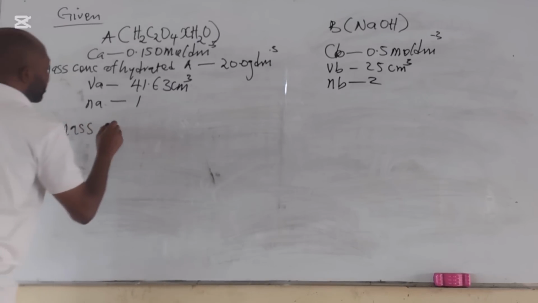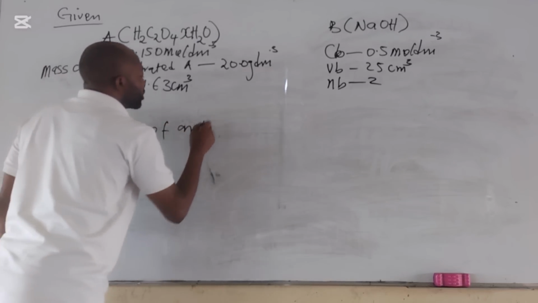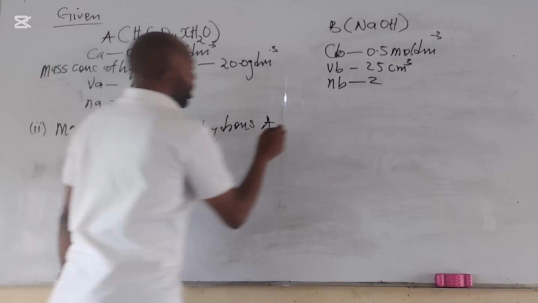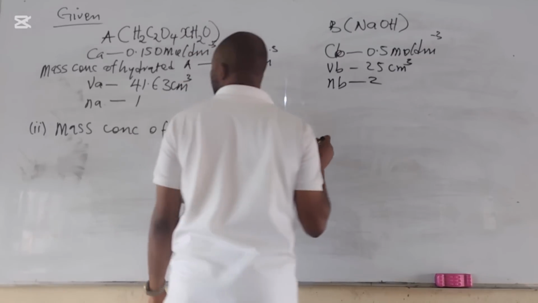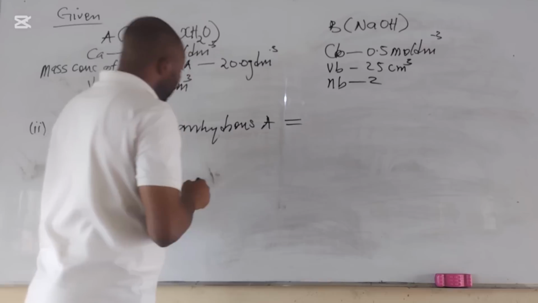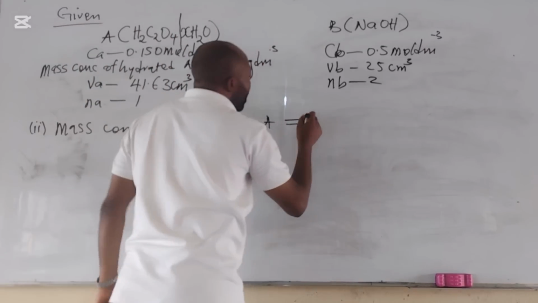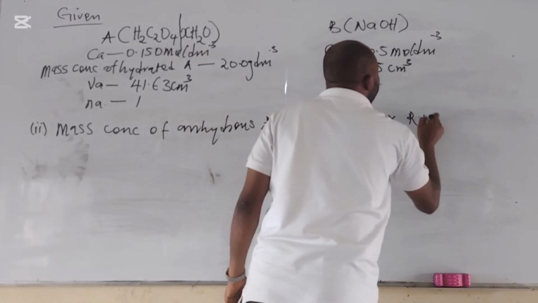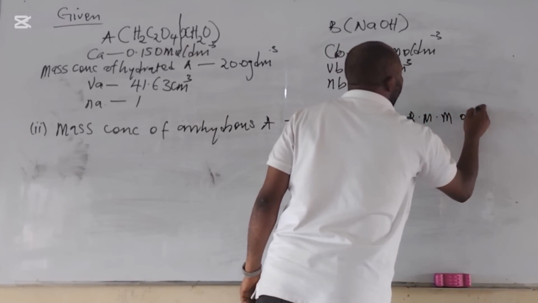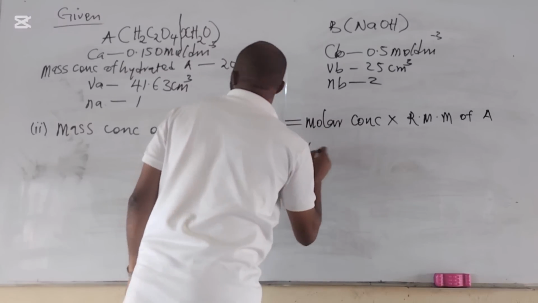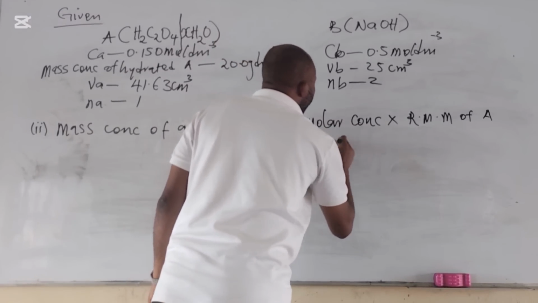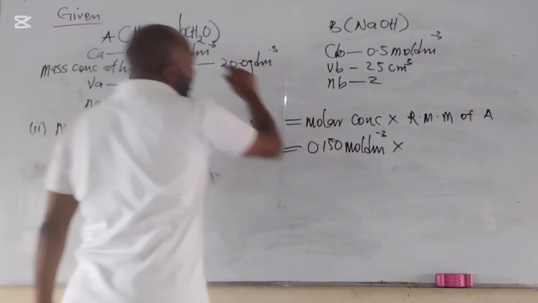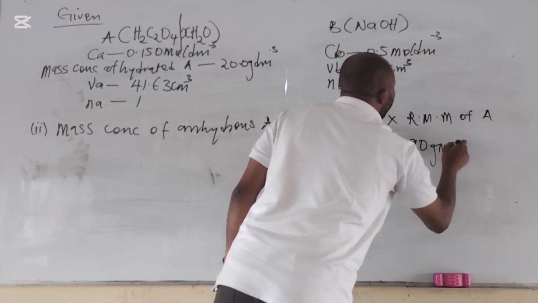Mass count of anhydrous A will be the molar count times the relative molecular mass of A. The molar count is 0.150 mole per dm cube, times the relative molecular mass, which is 90 g per mole.